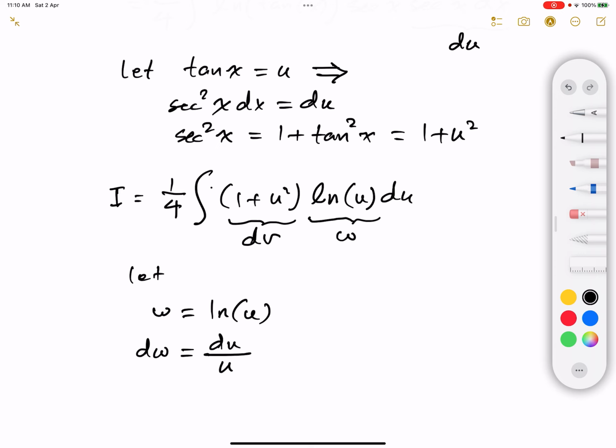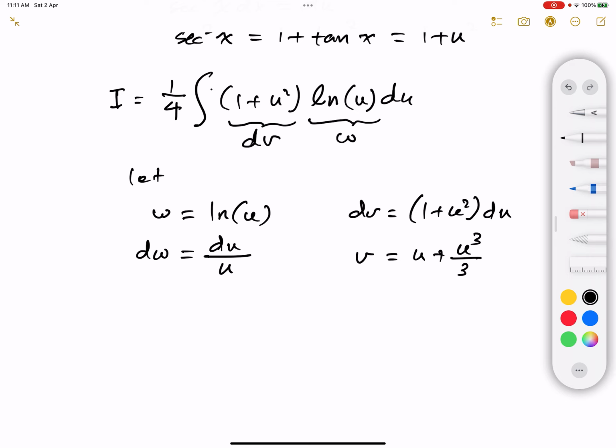And the dv part is going to be 1 plus u squared multiplied by du, and the integral of that is going to give us u plus u cubed divided by 3. And of course we need to multiply this by this, and then minus the integral of this times this.